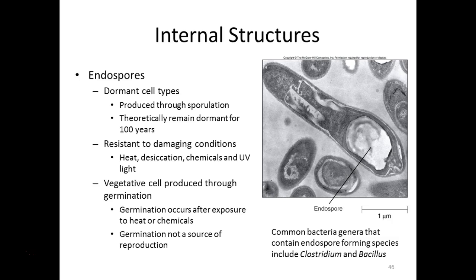There's very few chemicals out there that are effective. You have to use radiation that's much more powerful than UV light. And you have to use heat under pressure in the form of an autoclave to actually destroy endospores. So the vegetative cell is produced through germination, right?